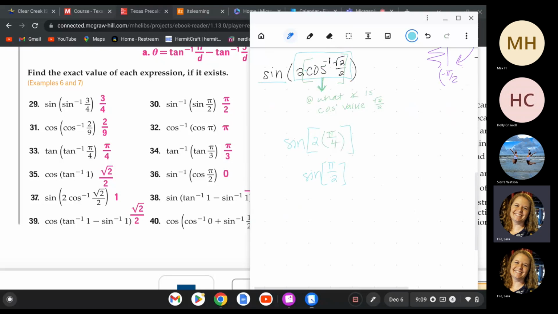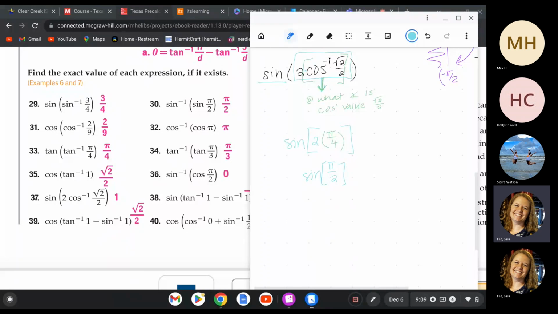Now this one doesn't have a specific restriction on how many times around, so we're just going to do one revolution, one time around the unit circle, unless they specifically say all values or between a certain interval, which this one doesn't.